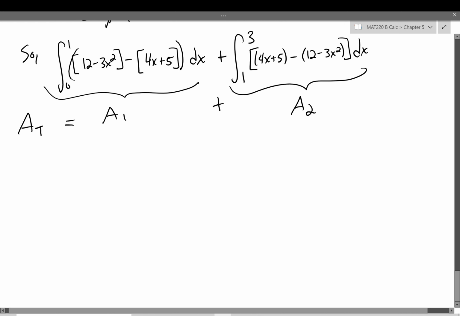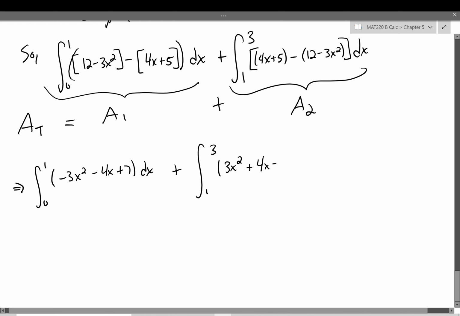So now it's just a matter of grouping like terms and then integrating. So for the first integral, I get negative 3x squared minus 4x plus 7 dx, plus for the second integral, I get 3x squared plus 4x minus 7 dx. All right.